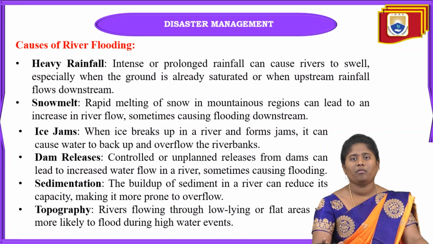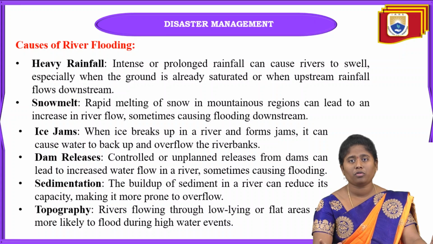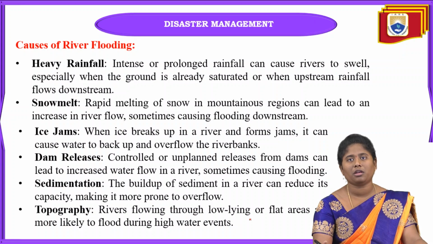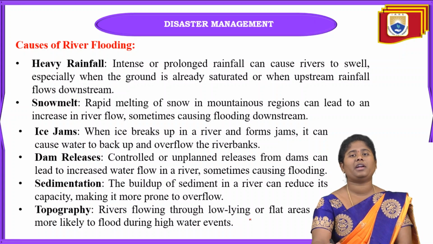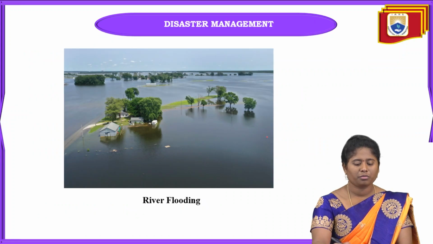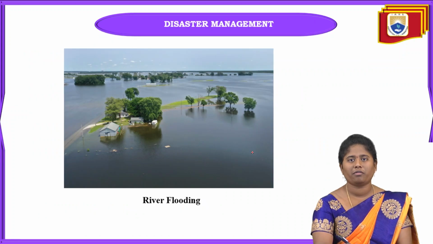When a very heavy water flow goes through that area, there will be a much greater increase in the floods. During high water events, because of low-lying and flat areas, floods can happen. This is the figure of river flooding here.